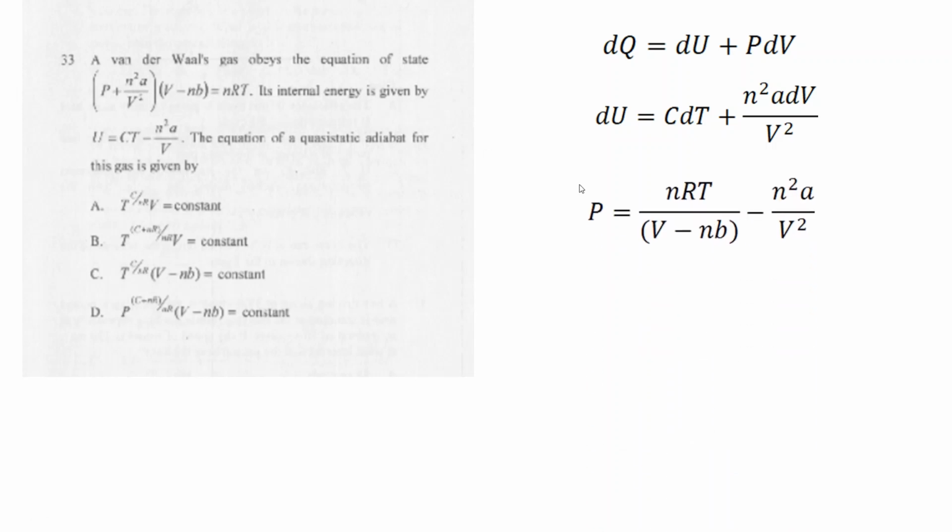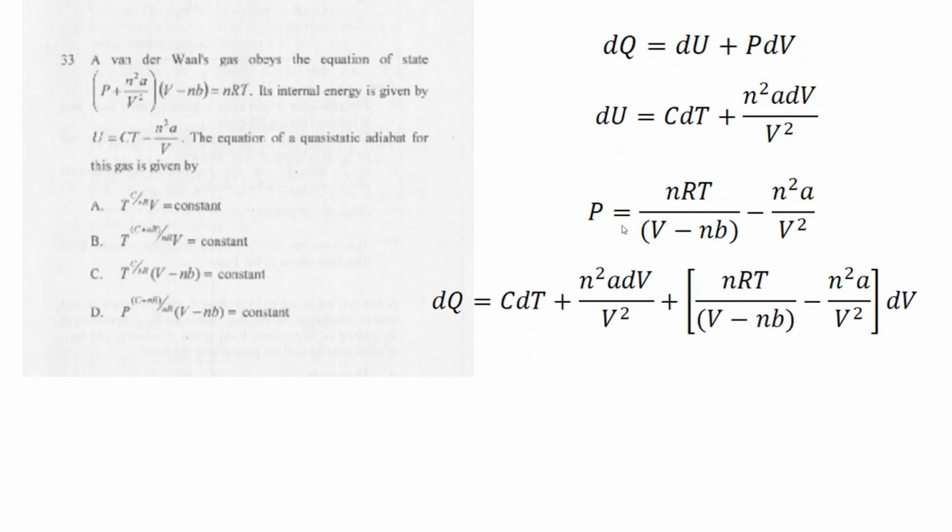Then we get the expression for P, that is P = nRT/(V − nb) − n²a/V². We substitute this here, and we substitute the dU which we have got here. So the equation changes: dQ is equal to C dT plus the remaining terms.